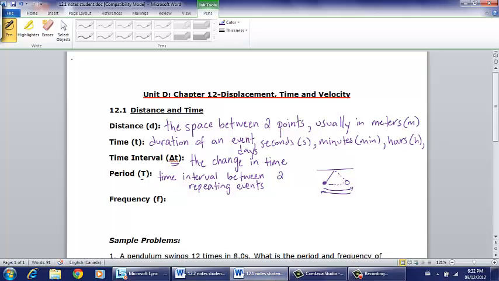Frequency is the inverse of period. Frequency is symbolized lowercase f, and it's the number of cycles that occur in a given amount of time.